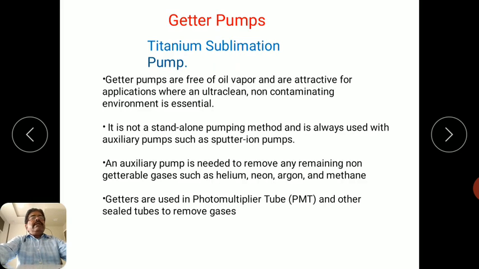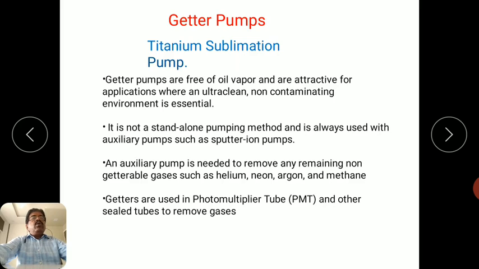Now, certain advantages of the titanium sublimation pump. One of the advantages is that these getter pumps are free from any oil vapor and are attractive for applications where an ultra clean, non-contaminating environment is essential. As we have seen, no oil or lubricant is involved here, and there are no moving or rotating parts, so they are very clean.